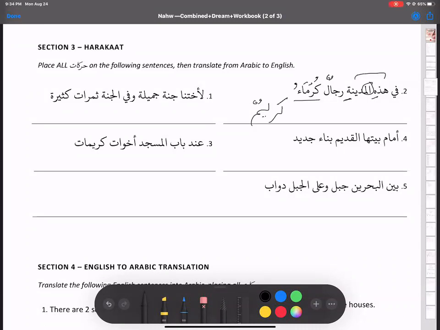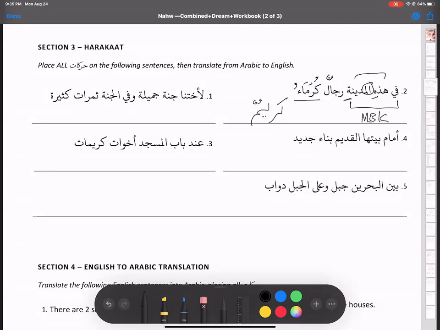So sister, how did you decide the tanween on Rijalun? Because fi hazihil madinati, what is that? That means in that city. This is our MBK, right? There is, in this city is what? We need mubtada, right?